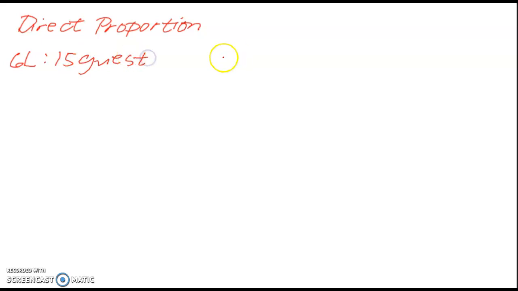Okay, she has many visitors. And then, how many liters of pineapple? This is the unknown. We do not know how many liters of pineapple she will need if she will have 60 guests. So 60 guests, 15 guests, 6 liters, we don't know here.